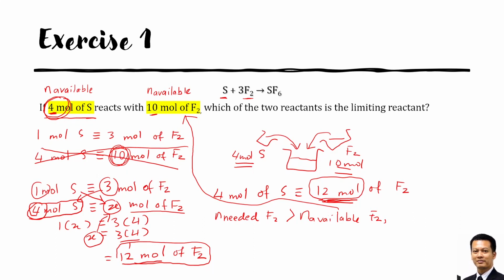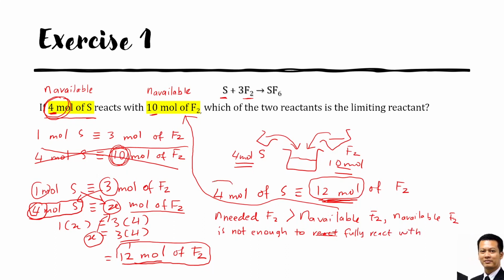So it means that the N available of F2 is not enough to fully react with 4 mole of S. So what happened?